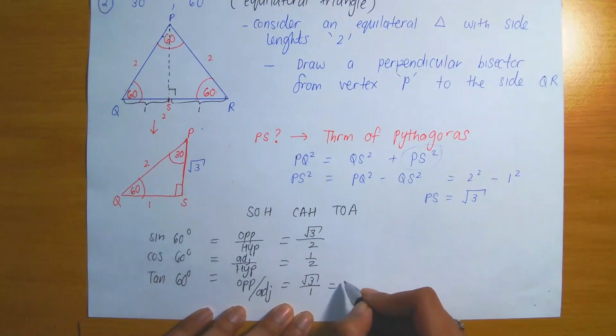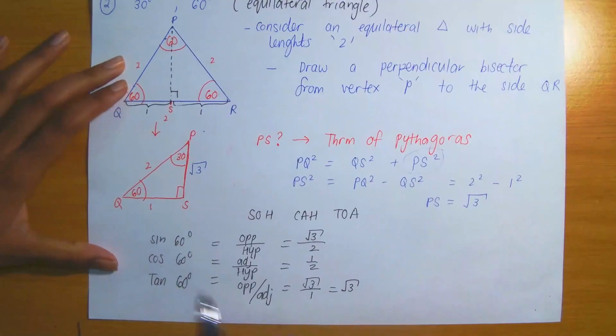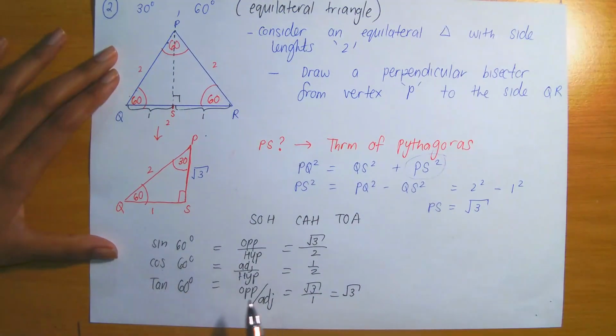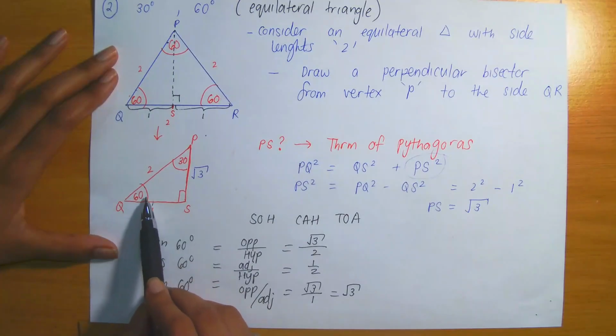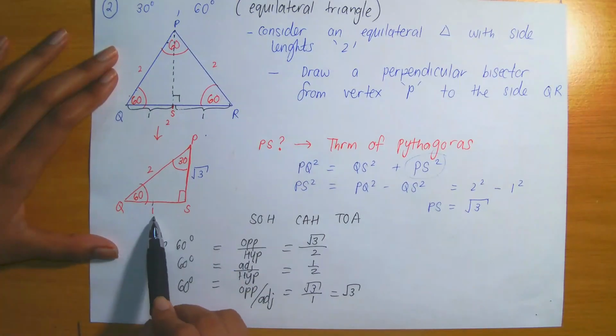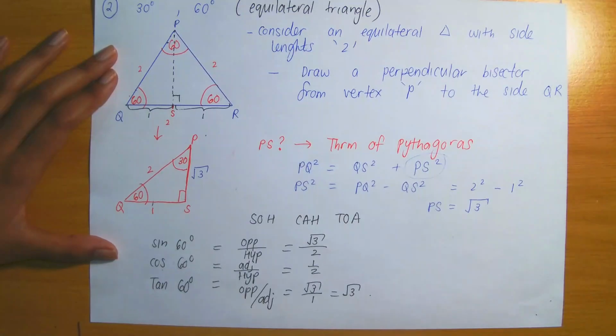So that means this is now square root 3. Is that correct? Let's just double check. Tan of 60. Here is 60 degrees. The opposite is root 3. The adjacent is 1. Right, so based on our definition, that is now correct.